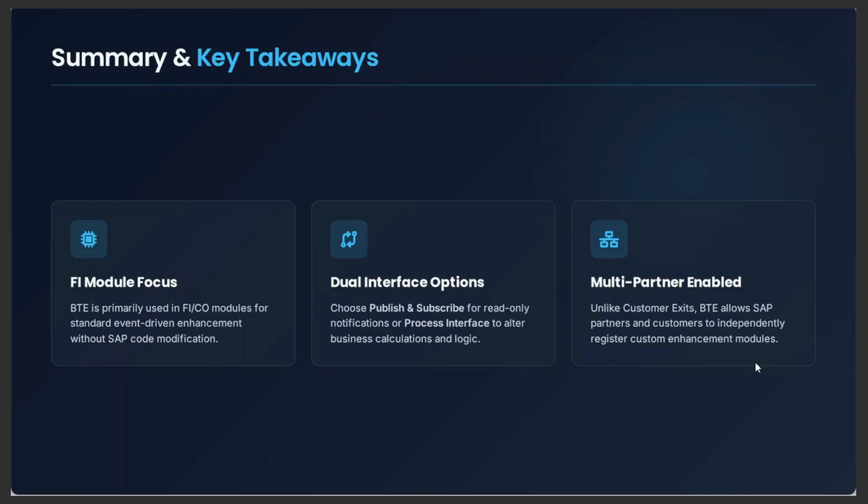The next thing is publish and subscribe interfaces are read-only event notifications, while process interfaces allow you to alter the SAP standard data flow. And we have to register and set up; these are managed centrally in transaction FIBF.